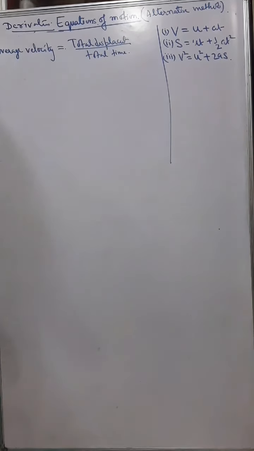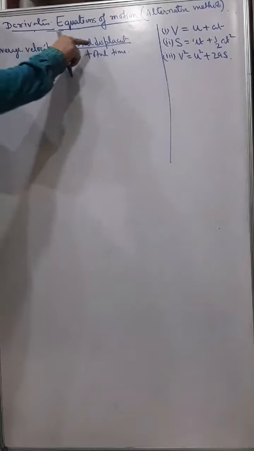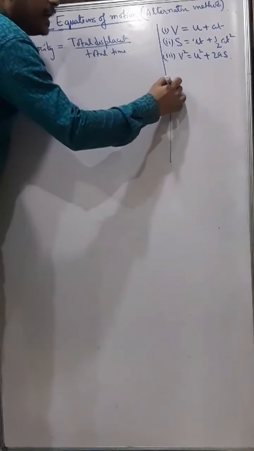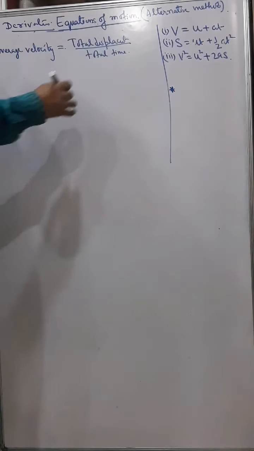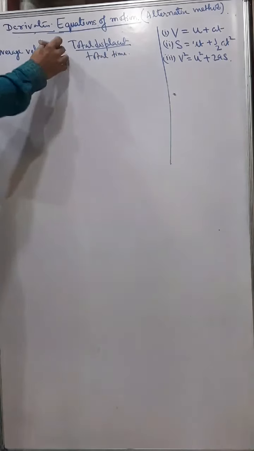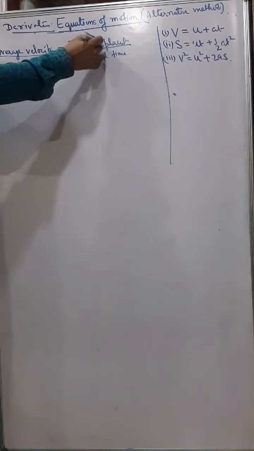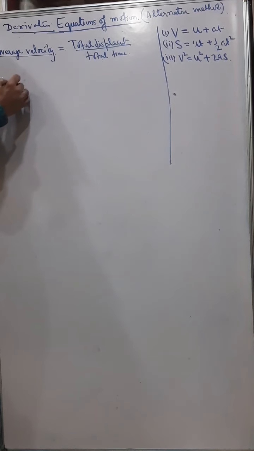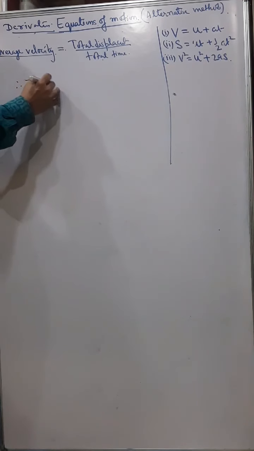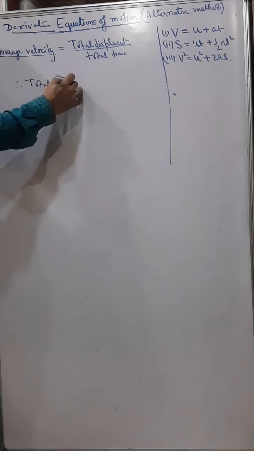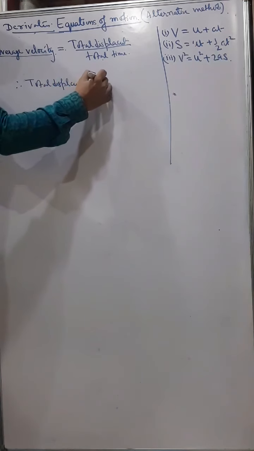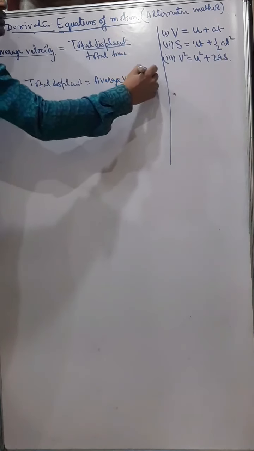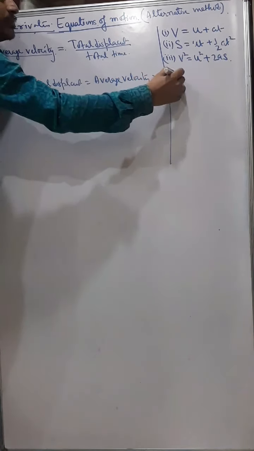We have done it in the first part. Average velocity means total displacement by total time, and therefore I can say that total displacement is equal to average velocity into total time.